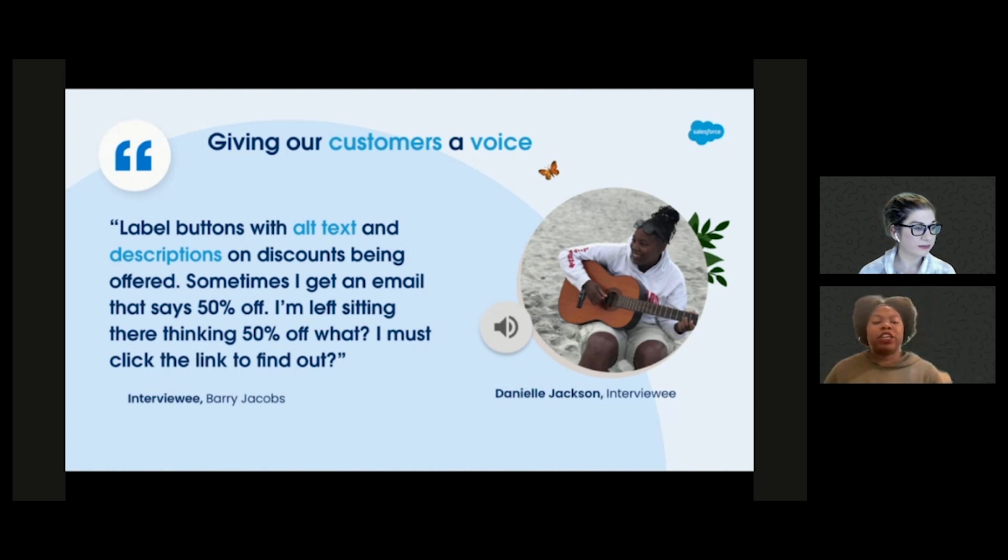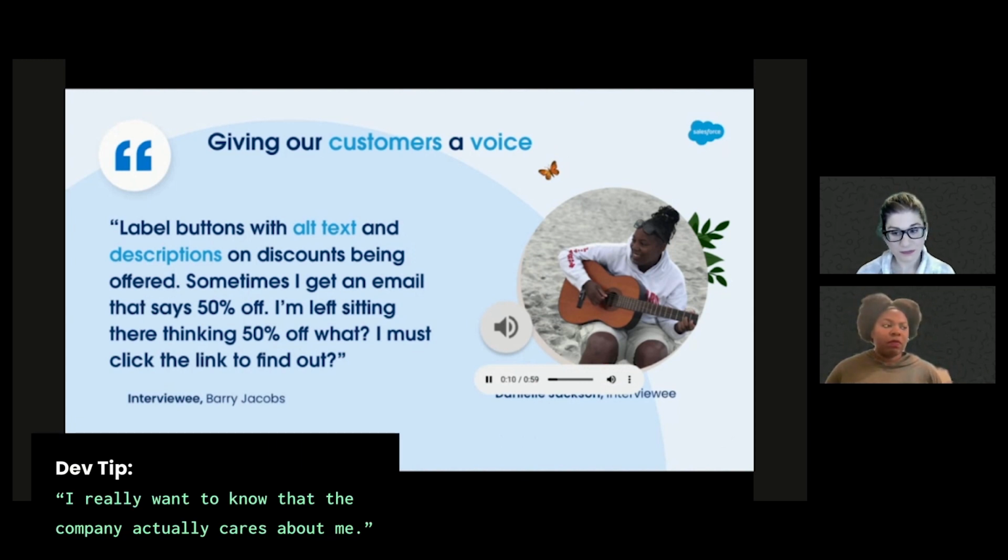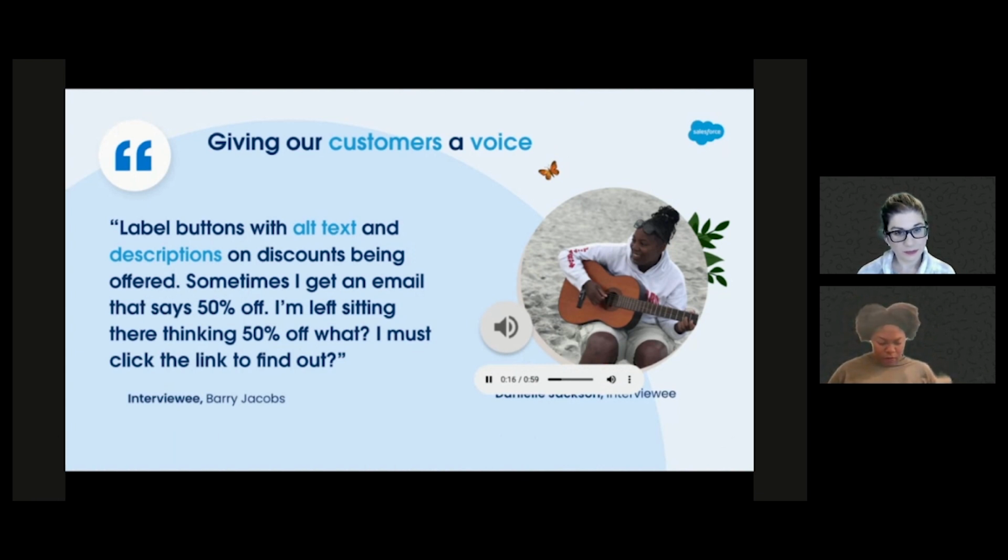And then this is Danielle Jackson. She also was one of my interviewees, and this is what she said. "As a blind person, when I read my emails, especially a solicitation email from a business, I really want to know that the company actually cares about me from the very beginning, like knowing that the pictures have captions in them. It's so important to me.